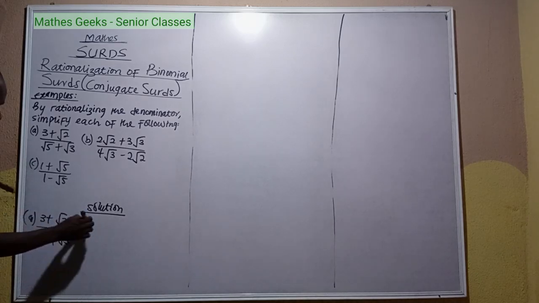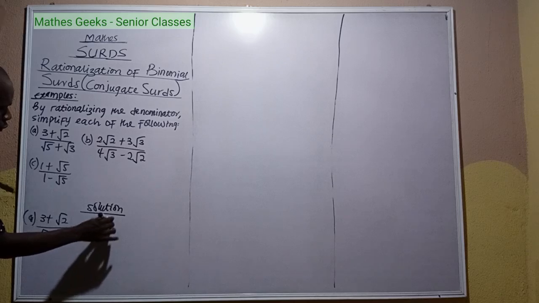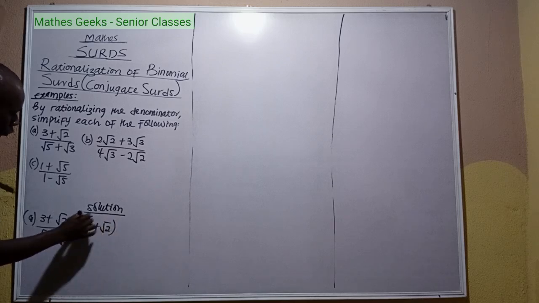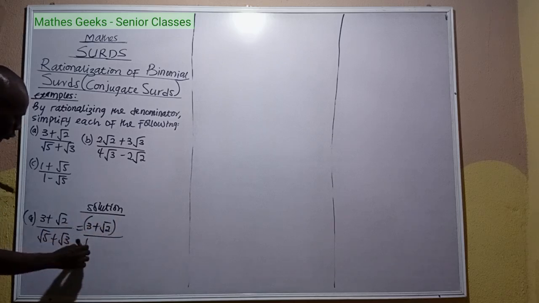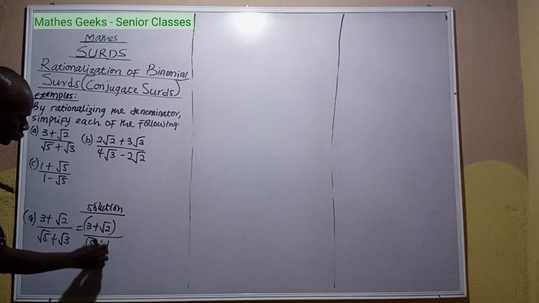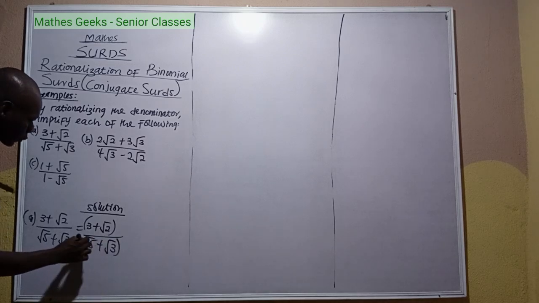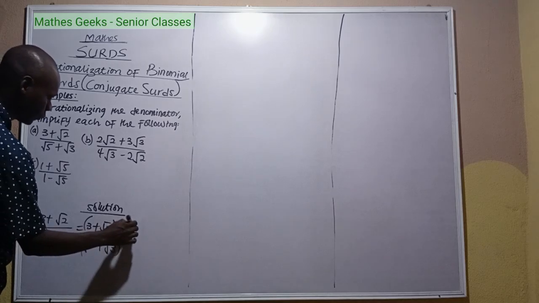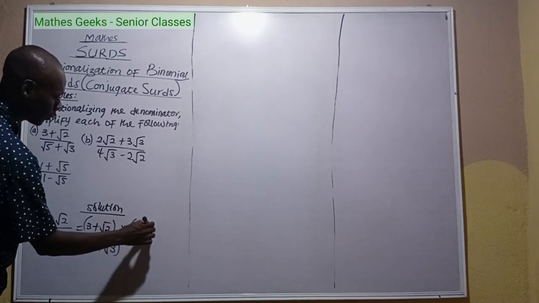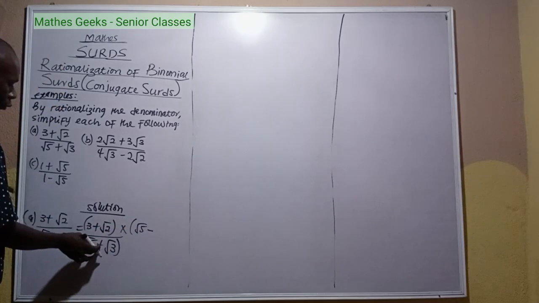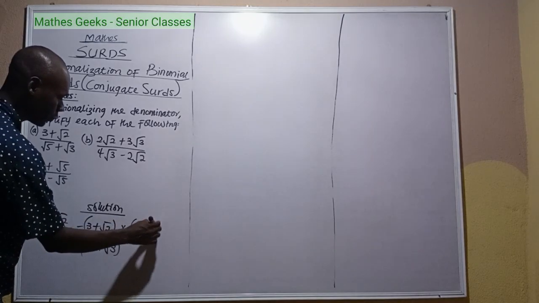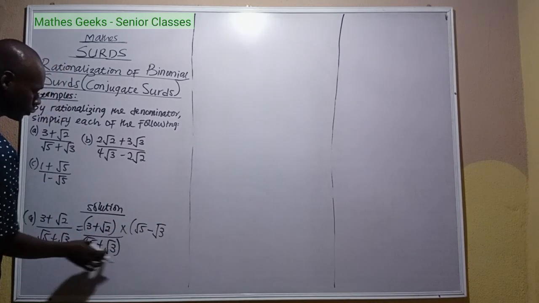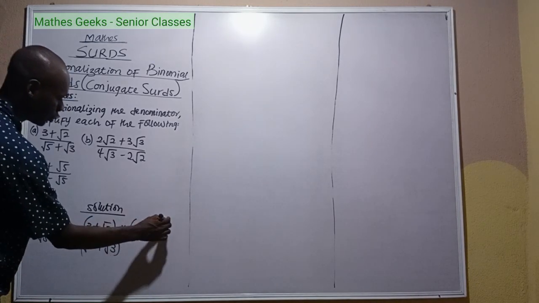So this will give us 3 plus root 2 over, I'm going to put it in brackets, root 5 plus root 3. Now the conjugate of this will give us times root 5 minus root 3 over root 5 minus root 3, since it's positive, the conjugate will be negative; for the same terms, only the sign will change.